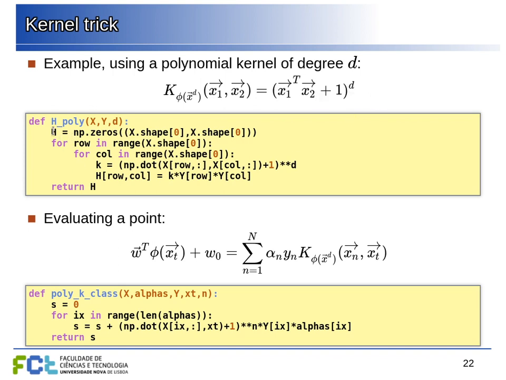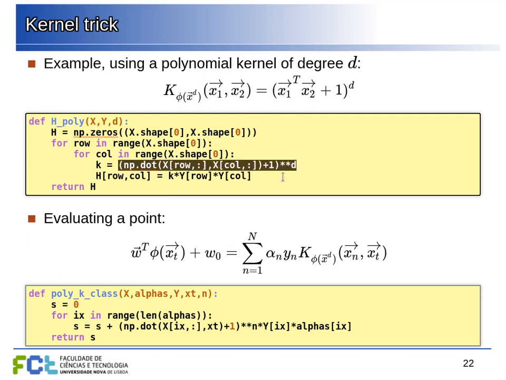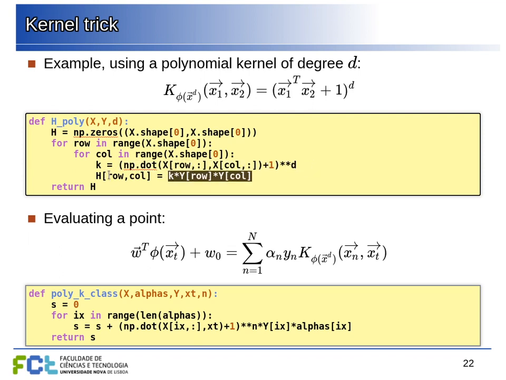So when we are computing the H matrix, the one where we would put all the inner products multiplied by the class labels, we can just, instead of the inner products, use the kernel function here and then multiply by the class labels, and we return the new value H.